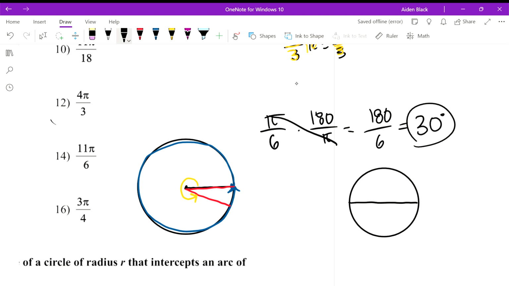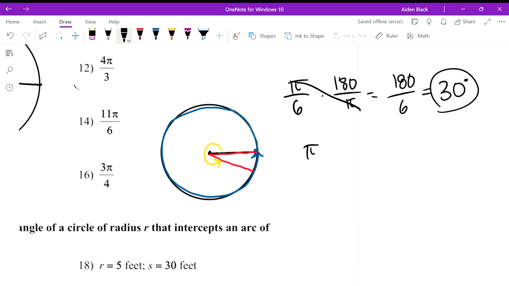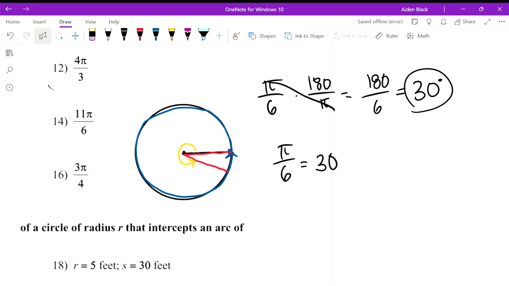And so, if you were to break 180 degrees into 6 parts, you'd have 30 each. 30, 60, 90, 120, 150, 180. So pi sixths equals 30 degrees.